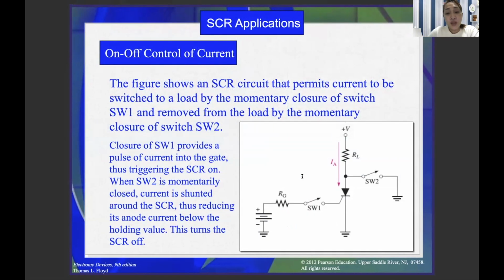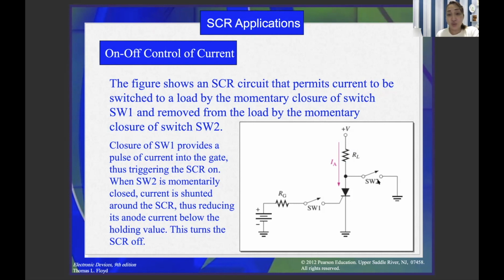So, SCR applications: we have on and off control of current. The figure shows an SCR circuit that permits current to be switched to a load by a momentary closure of the switch and removed from the load by a momentary closure of the switch too.